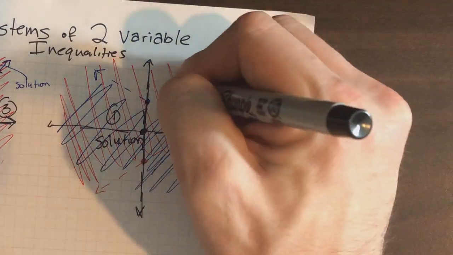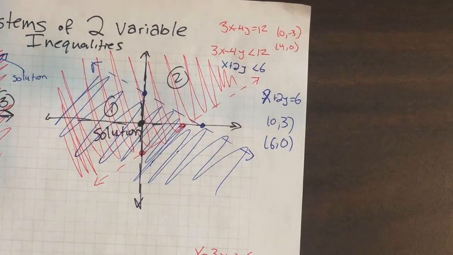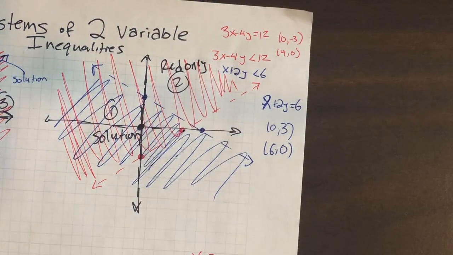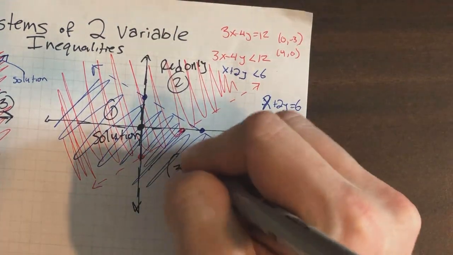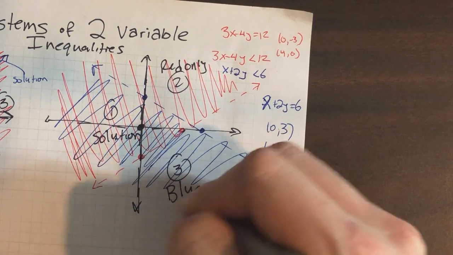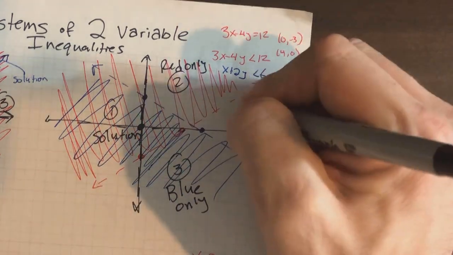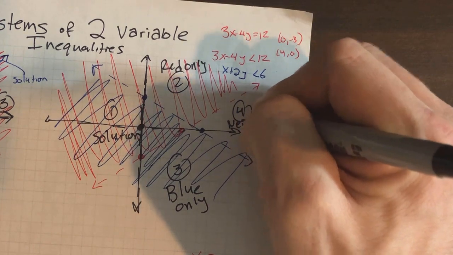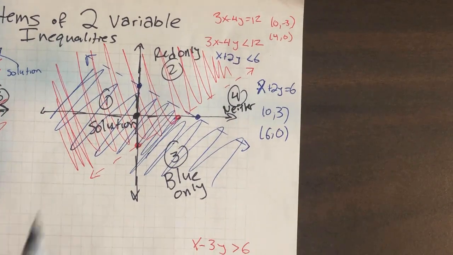I've got region 2, only the solution to the red. Red only. Okay, I've got quadrant or piece 3, only solution to the blue. And then I've got part 4, neither. Okay, so your goal when you graph a system of inequalities is only to identify the solution region.